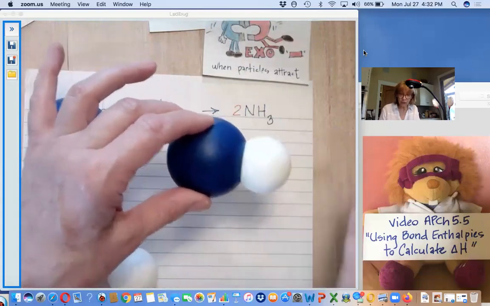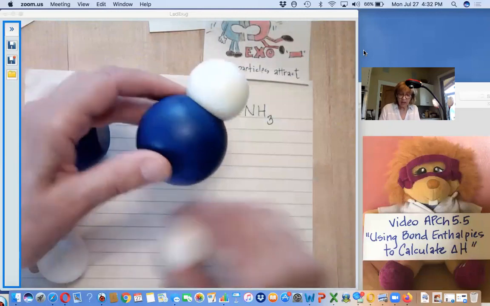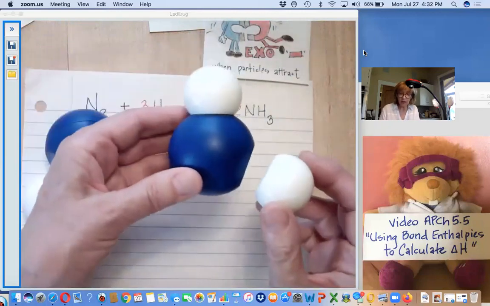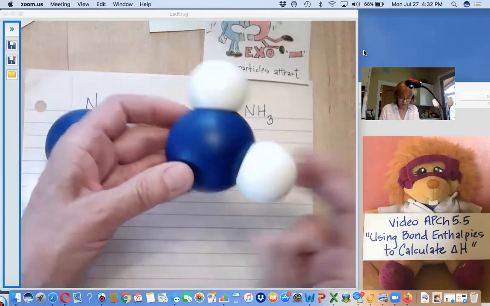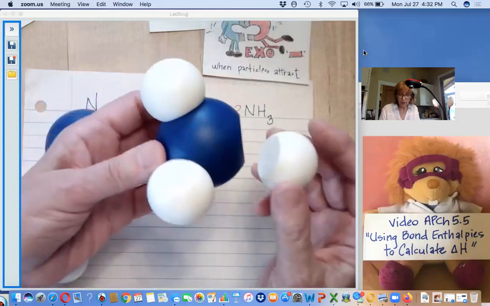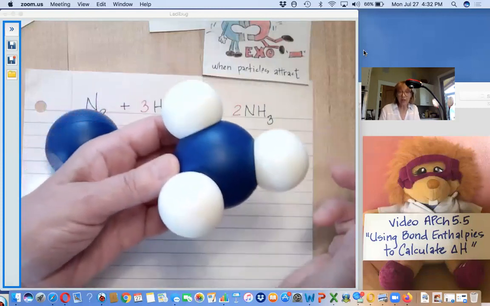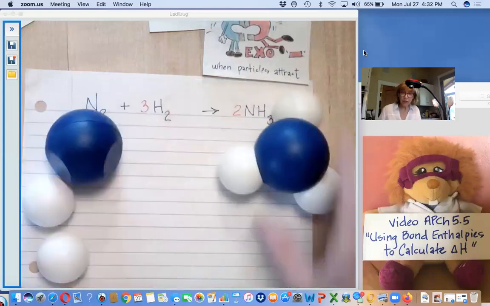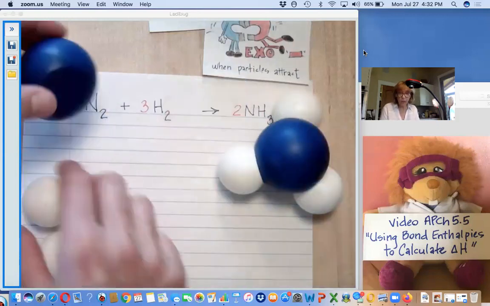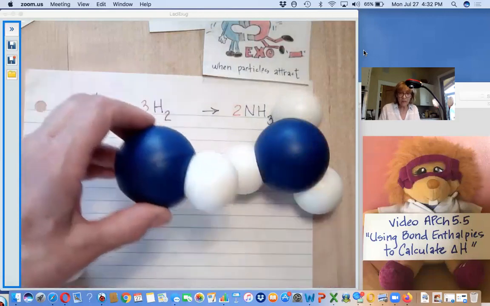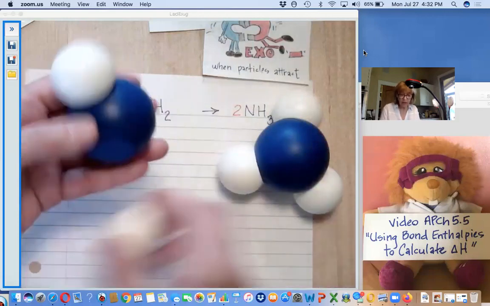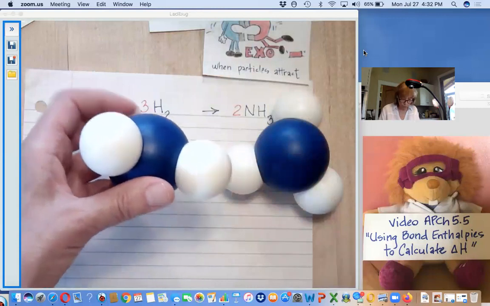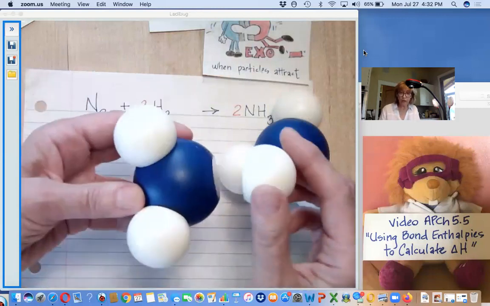And the energy is released. As particles attract, energy is released. So there's one NH3 molecule, and we'll keep going. Exothermic process with energy released as you form new bonds.